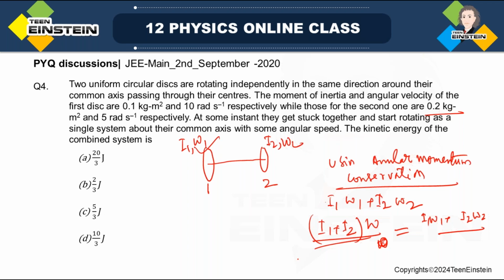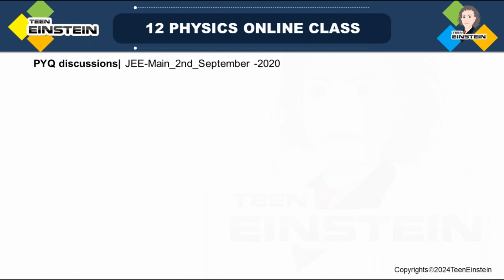Then you have to calculate the rotational kinetic energy as well. So if we apply this, then omega can be found like this.